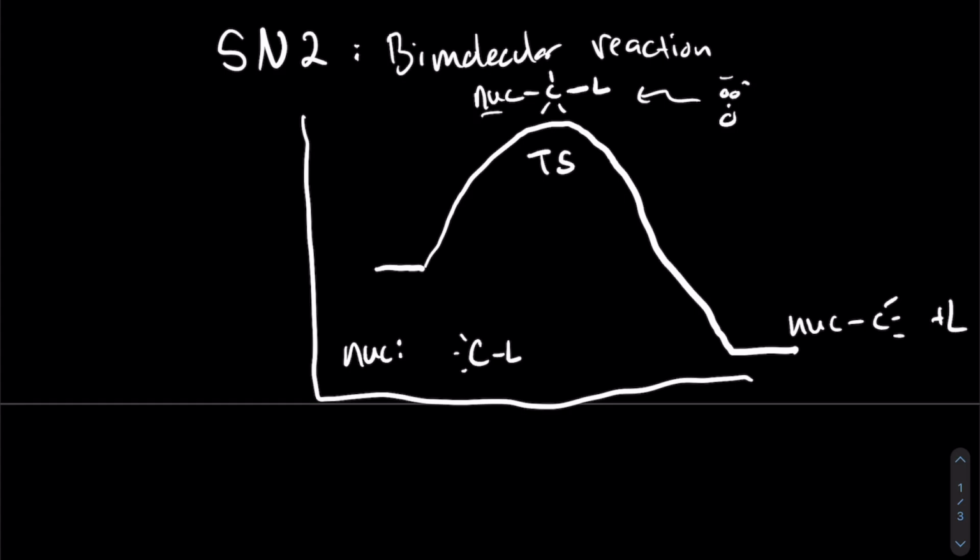Now, in order for this reaction to exist, you have to have a bond formation and a bond cleavage that occurs at the same time. And that is what this is. The idea that you have this leaving group, this L, is coming off. That bond is breaking while this nucleophilic bond is forming. That is the idea behind an Sn2 chemical reaction.